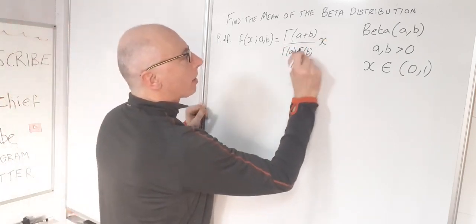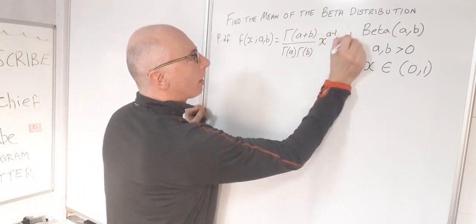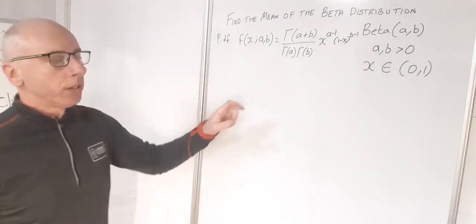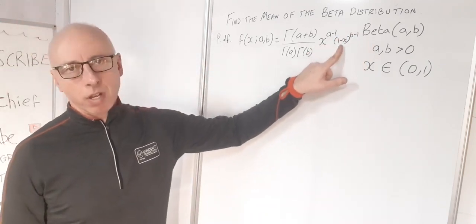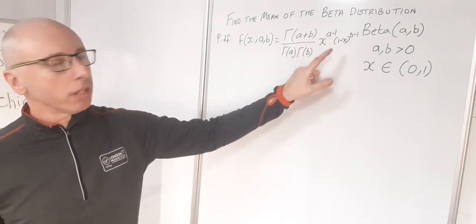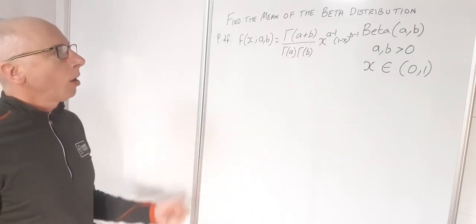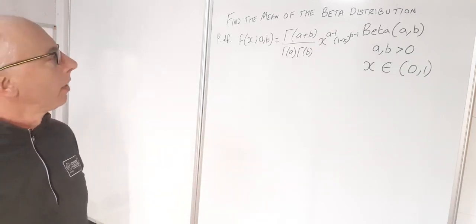So we have x^(a-1) times (1 - x)^(b-1). So the probability of it happening, the probability of it not happening, to the a - 1 and the b - 1. That's our parameters, and that's where our random variable comes in. So that's quite a complicated looking PDF.